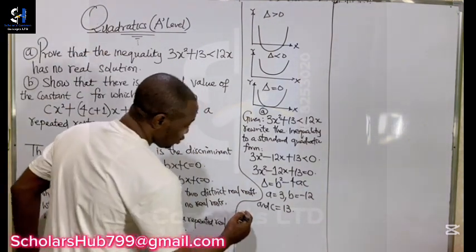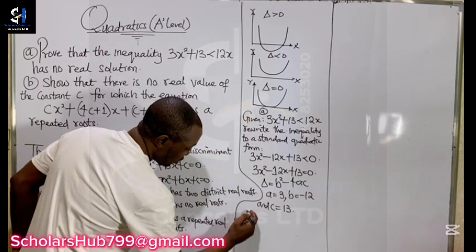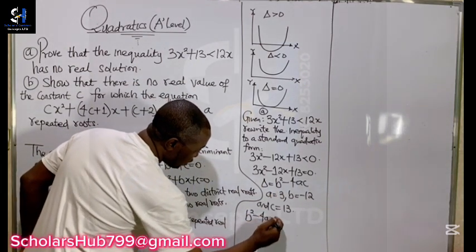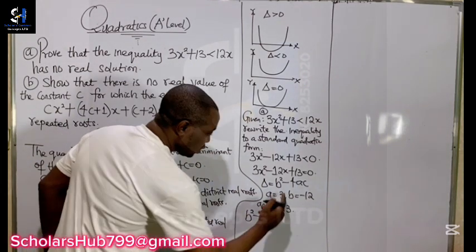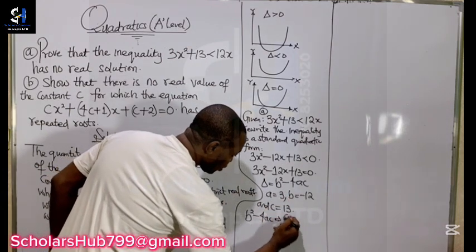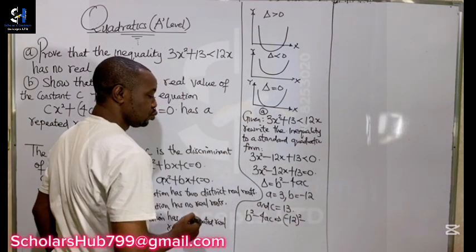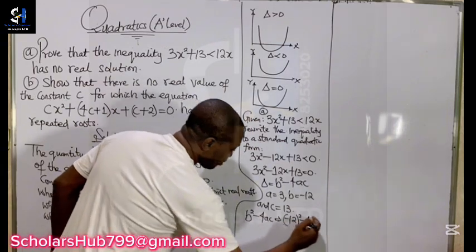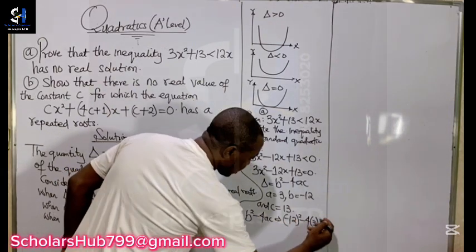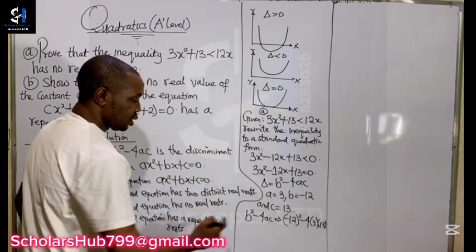So b squared minus 4ac will be minus 12 raised to the power of 2, then minus 4 multiplied by 3, then multiplied by 13.